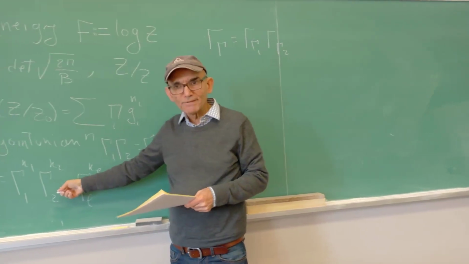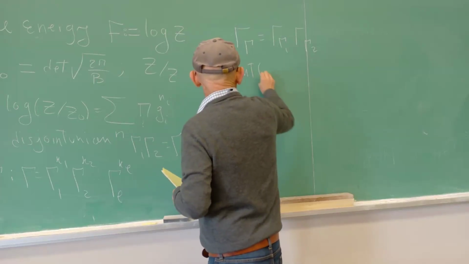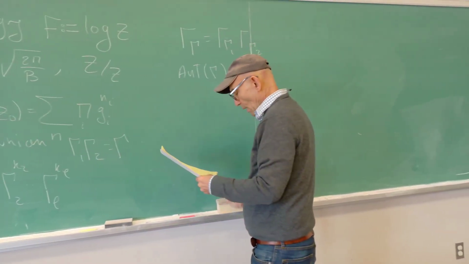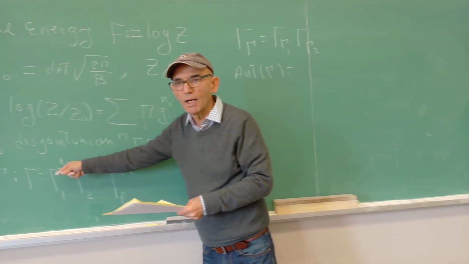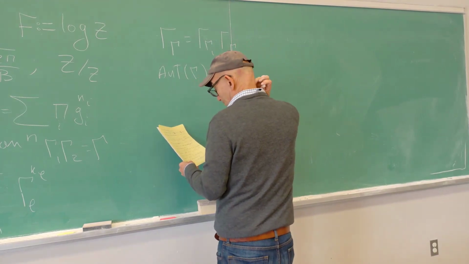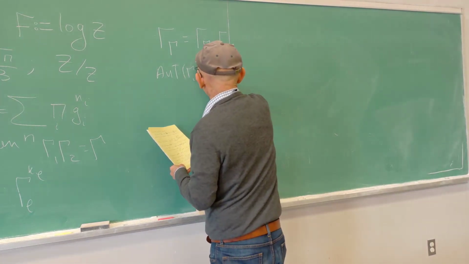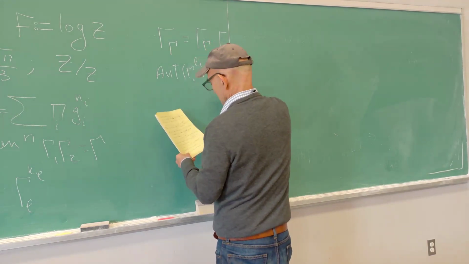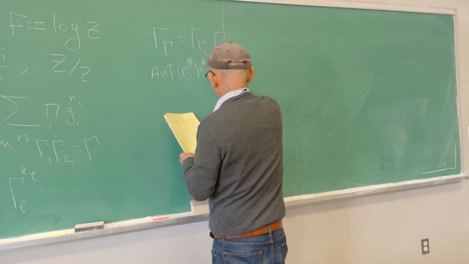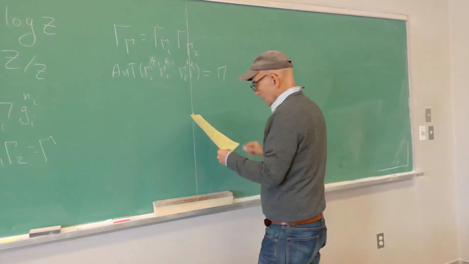Also we have to understand automorphisms of this sort of thing in terms of automorphisms of the individual pieces. The automorphism group of gamma 1 to the K1, gamma 2 to the K2, up to gamma L to the KL is, first of all, a product of these automorphism groups, each to the power K.